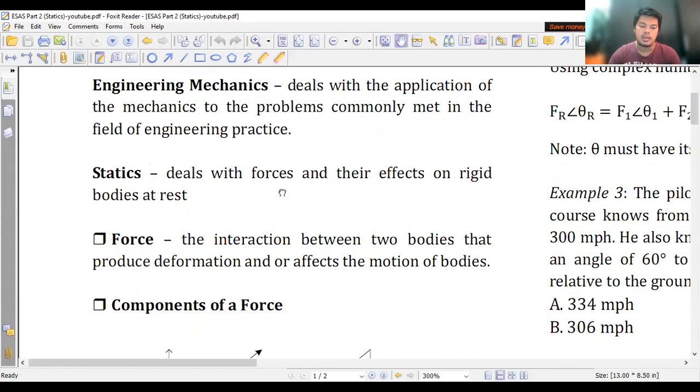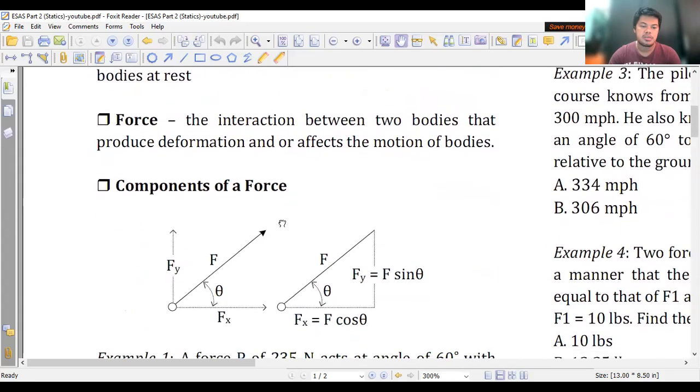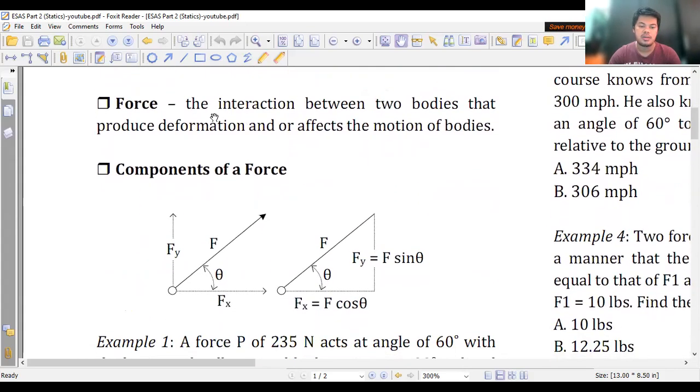Then we have the definition of force: the interaction between two bodies that produces deformation and/or affects the motion of bodies.